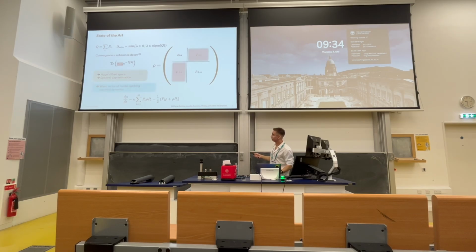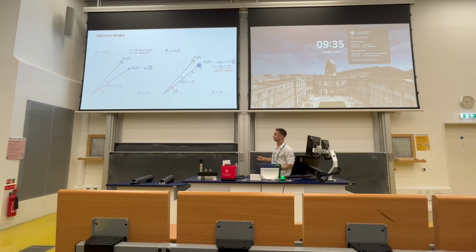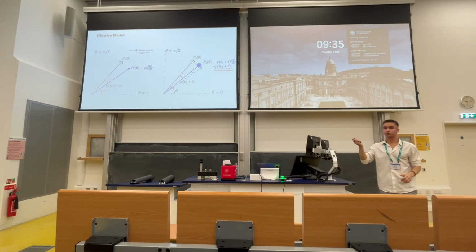So for k-SAT we want, instead of keeping track of the full Hilbert space of coherence, to get some reduced model that would be valid and would simplify this object to analyze for convergence. Instead of keeping track of this huge object, which is exponential in n, we will just have a model which consists of two angles.